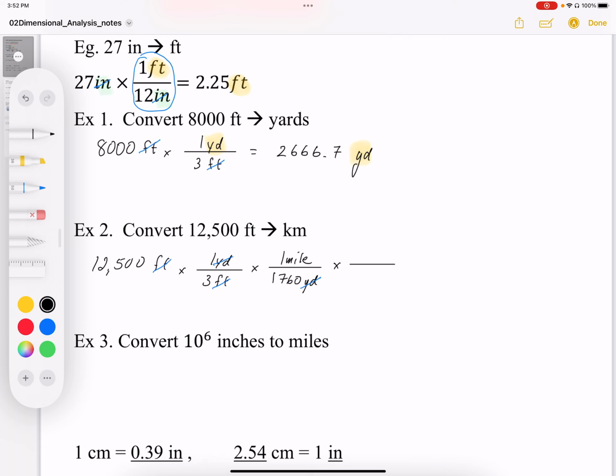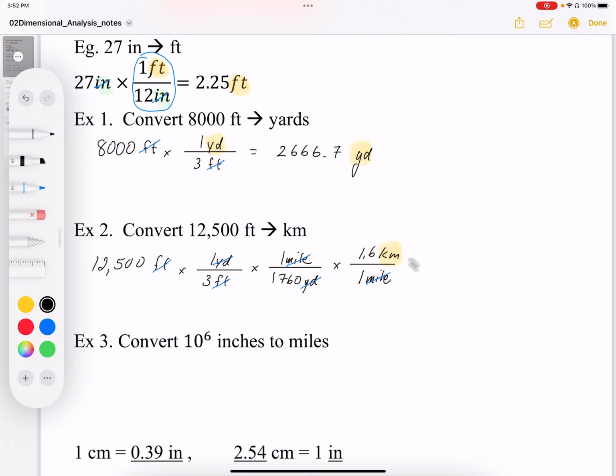I can see that 1 mile is equal to 1.6 kilometers. Again, make sure that you put the miles where they're going to cancel, so the miles go on the bottom here so that they can cancel. So miles and miles cancel. Note that the leftover units is kilometers, and that's what I want my answer to be in.